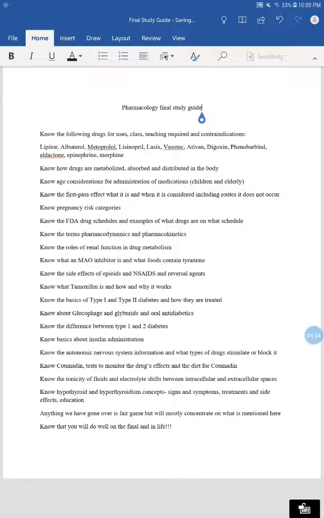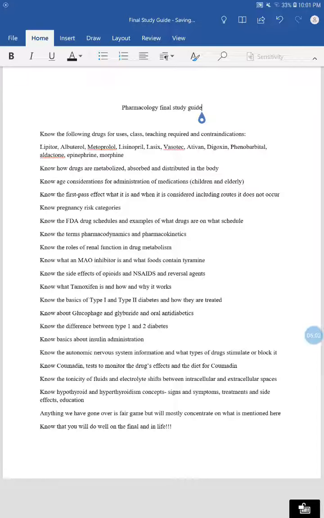Know about your biguanides, Glucophage, glyburide, and really just your oral anti-diabetics. Don't concentrate too much on Glucophage and glyburide, but just the oral anti-diabetics, which were the sulfonylureas, biguanides, meglitinides, and then the thiazolidinediones.